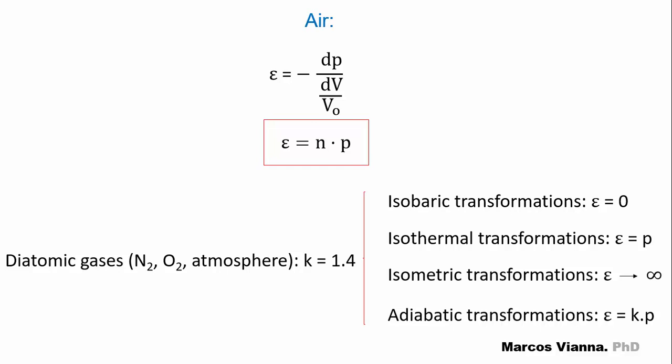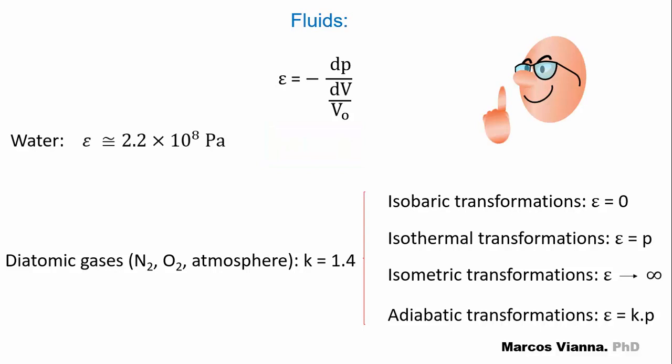So, it's important for us to know that liquids, such as water, have elasticity modulus values that remain constant for practical purposes. On the other hand, gases have elasticity modulus values that vary with the pressure and the transformation type to which it is submitted.